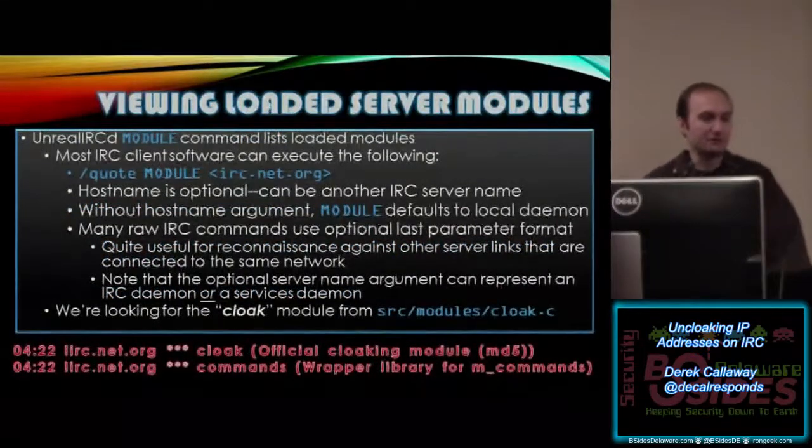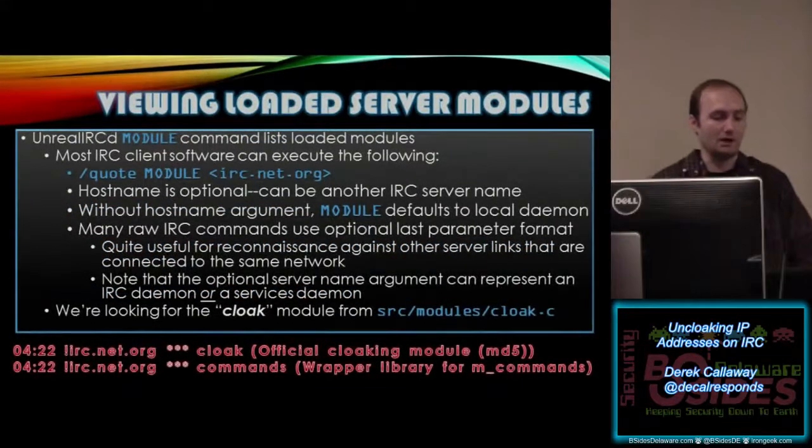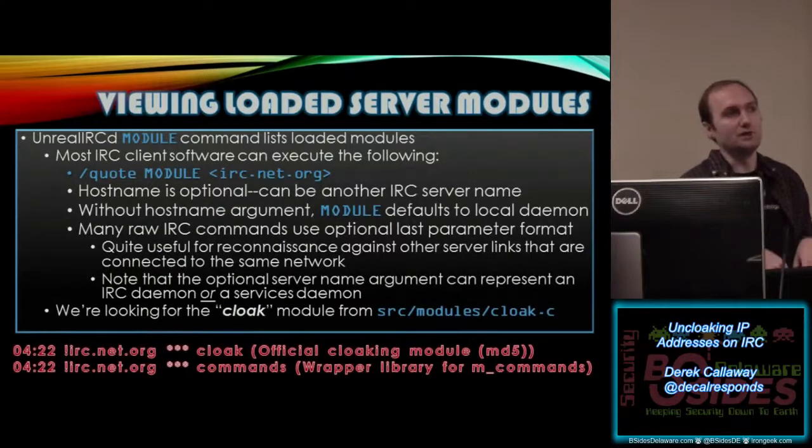So this is how you can see what sort of cloak module is actually loaded. You just run a quote module, and you can check any server. It doesn't just check the local server, it takes an argument of the server name. So if you're on server 1, you can provide the argument server 2 to the module command and check what it's using as well.